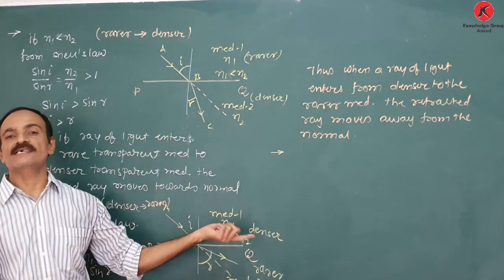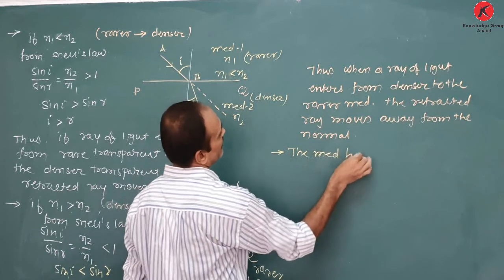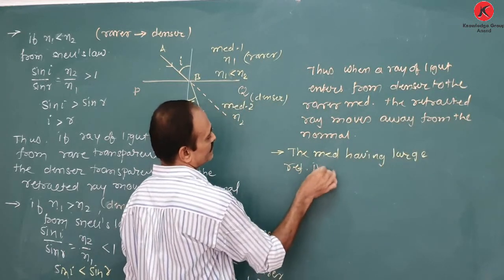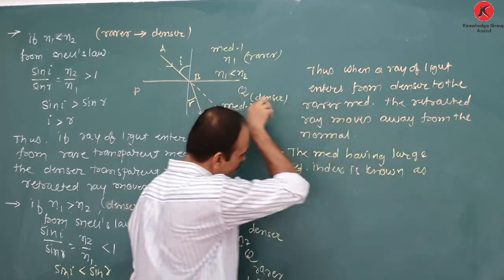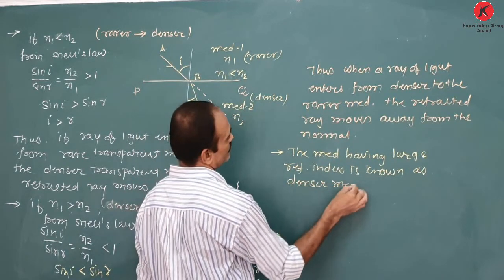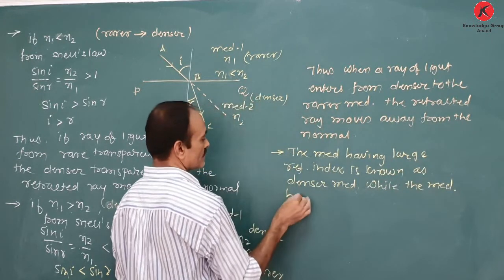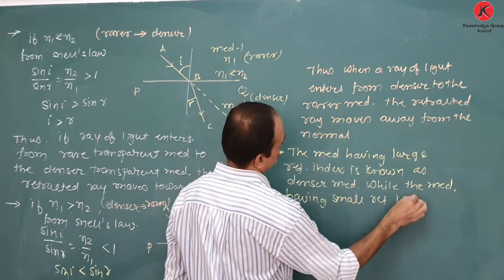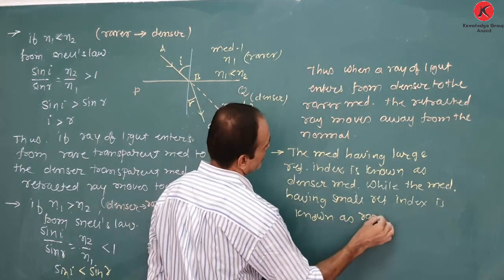The medium having a large value of refractive index is known as the denser medium, while the medium having a small refractive index is known as the rare medium.